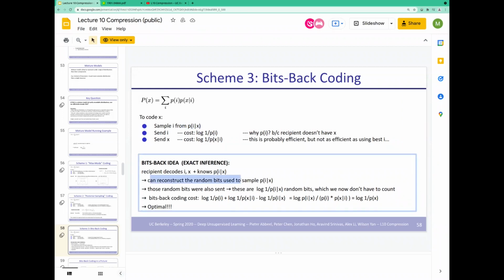So you can reconstruct the random bits used to sample pi of x. What essentially we're doing is using some information to sample pi of x. Even though we're randomly choosing pi, we could actually be choosing it from some information beforehand.